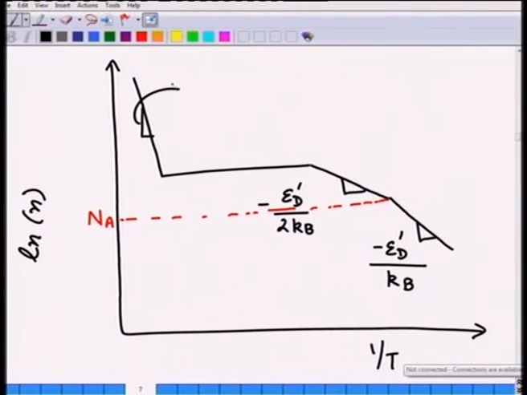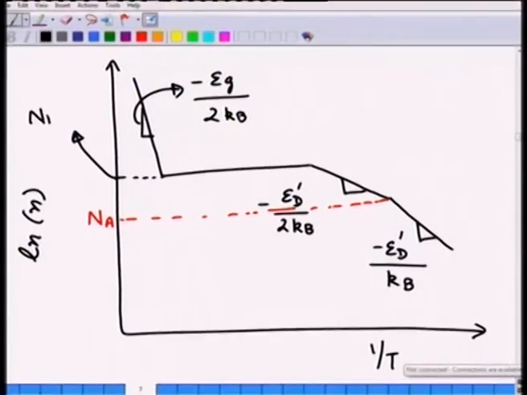This quantity, the slope would be Eg by 2k. If you wish, I can put a minus sign here. You understand that it is a minus in there. I was normally not writing it. And then what is it? This point represents a concentration which is equal to Nd minus Na. This represents Nd minus Na.